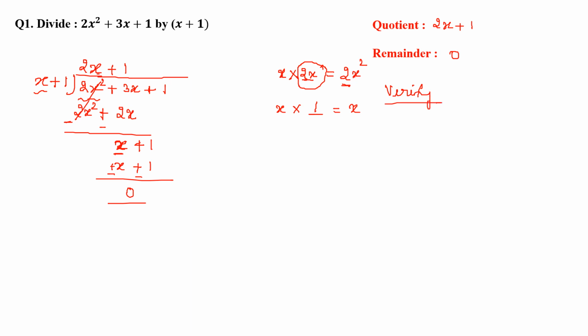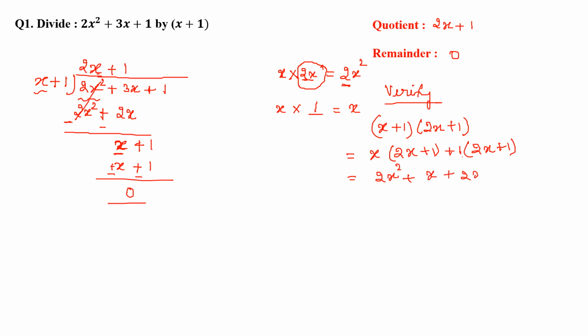To verify, I multiply the divisor with the quotient, which is 2x plus 1. I take x and multiply with 2x plus 1, then plus 1, again multiplied with 2x plus 1. So x into 2x gives 2x square, x into 1 gives x, 1 into 2x is 2x, plus 1 into 1 is 1. You know this, right?